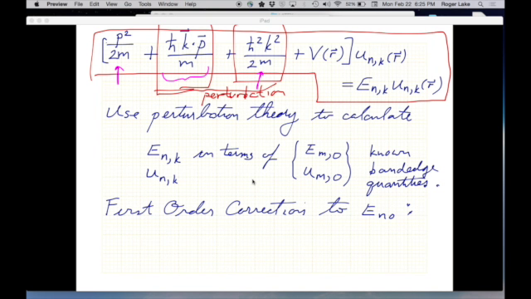The first order correction to En0 is En(k) equal to En0 plus h bar over m k dot the matrix element. The only operator in there is p. k is just a number, it's not an operator. The operator is p, the momentum operator, which is your gradient.